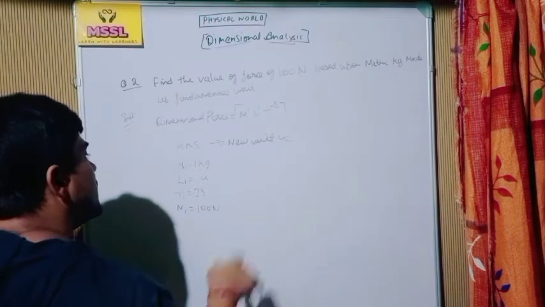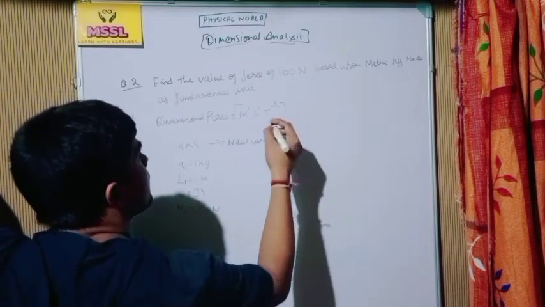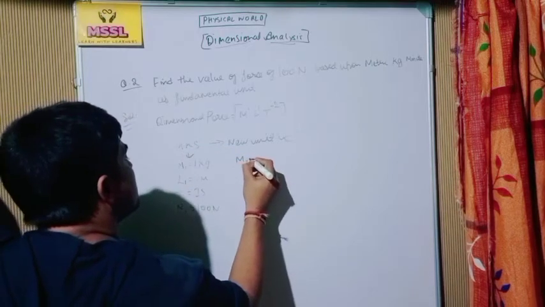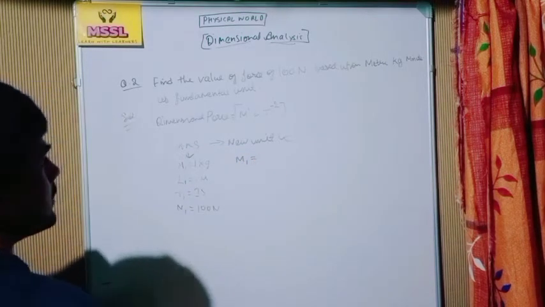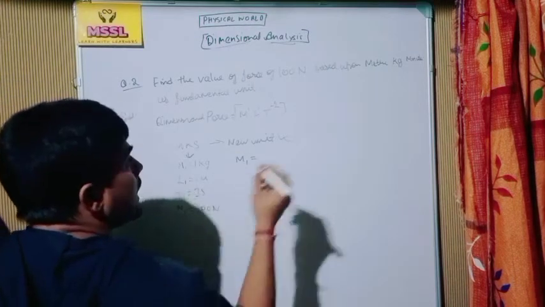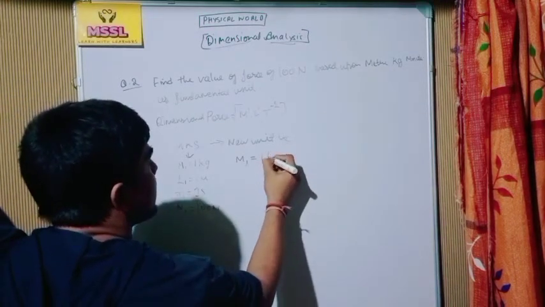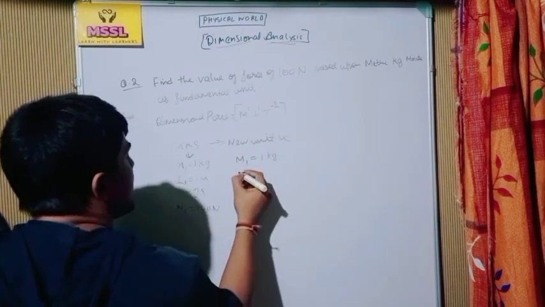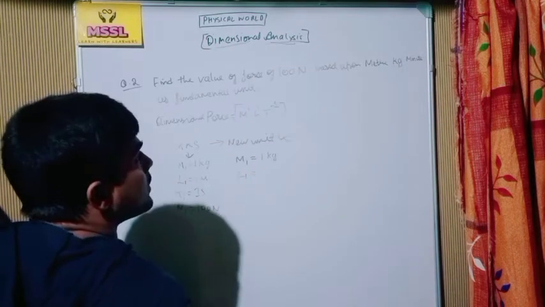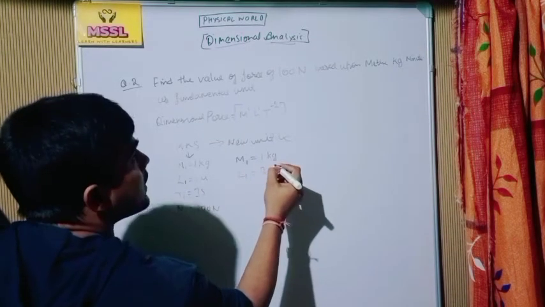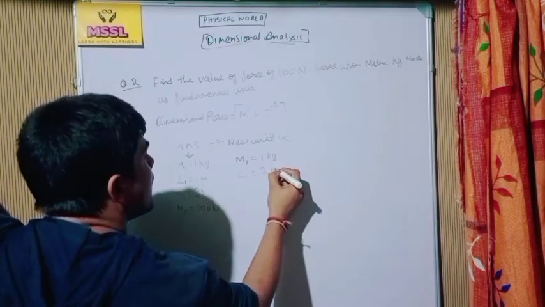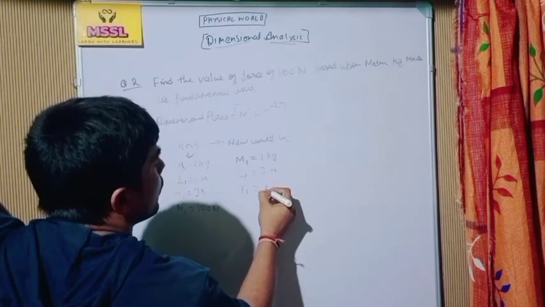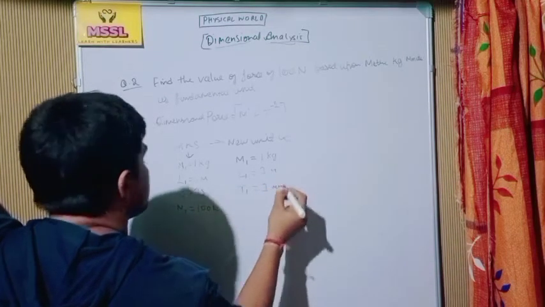Now, in the new unit, M2 equals 1 kg only. L2 equals 1 meter, and T2 equals 1 minute.